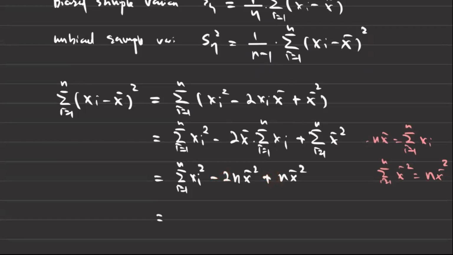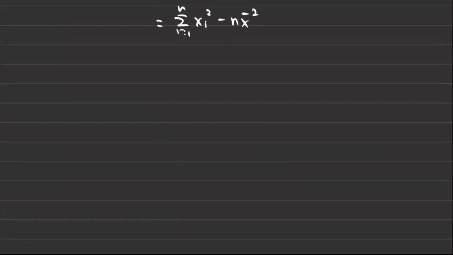And that gives us summation of xi squared minus n x bar squared. So now from here, with that all being said, that can act as some sort of identity that we're going to use later in our proof to show the Bessel's correction.